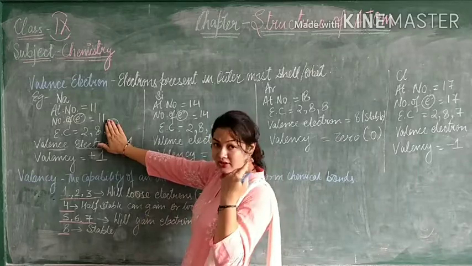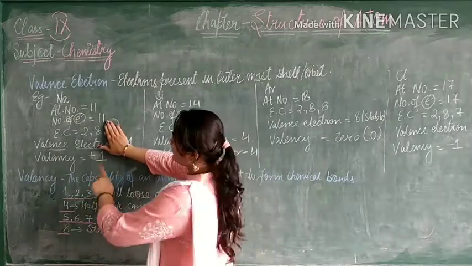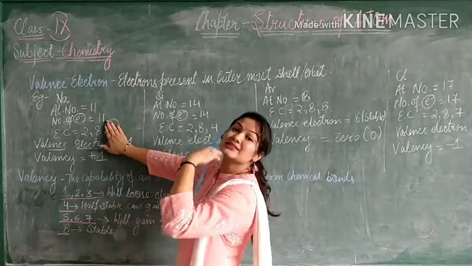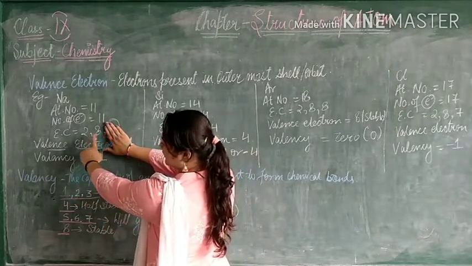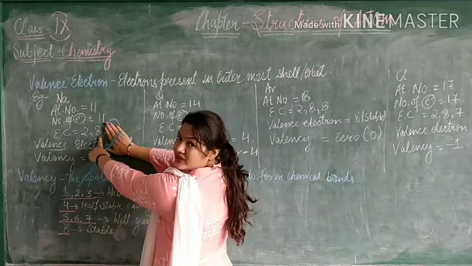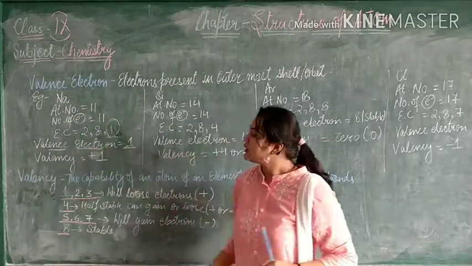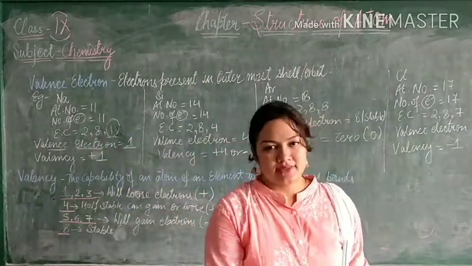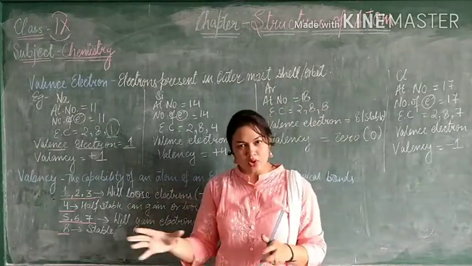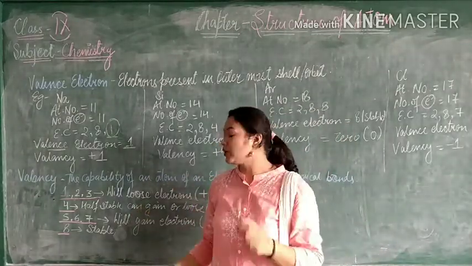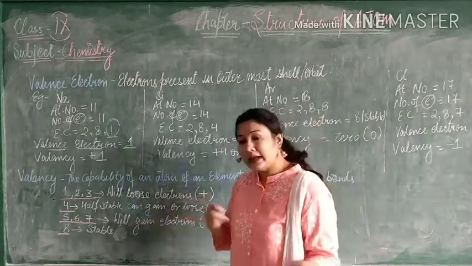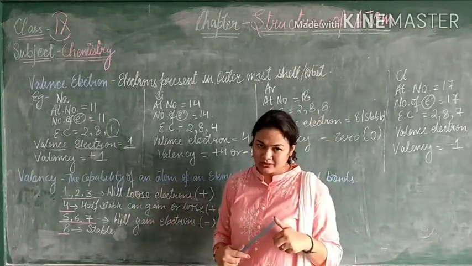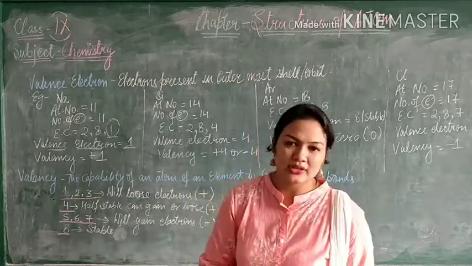If this atom gives the electron to some other atom, what will happen? The outermost shell will become the L shell, which is already 8, so it is stable. There are three things we will talk about later, but first we will talk about two: it can gain electrons to become stable, or it can lose electrons.